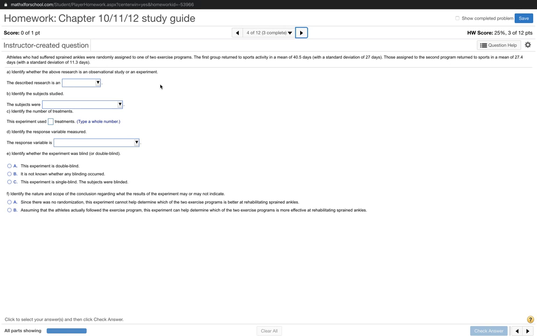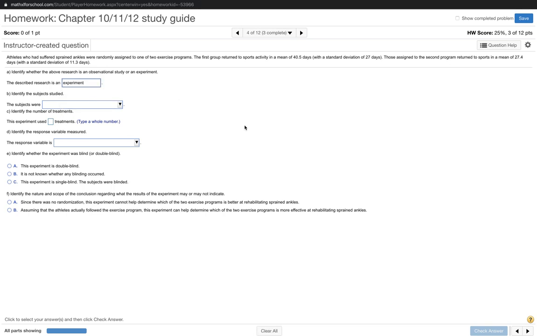In an experiment, the opposite is true. In an experiment, you are actually assigned to a treatment, to a program, to a group. So the key is that the athletes were randomly assigned to one of two exercise programs. In this case, the treatment groups are your exercise programs. So this is an experiment.